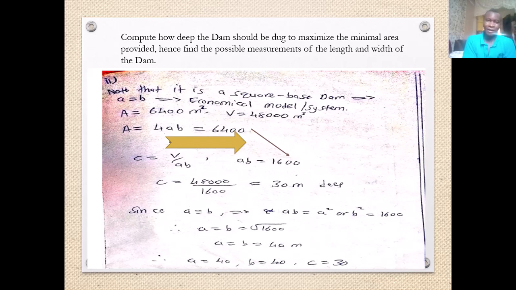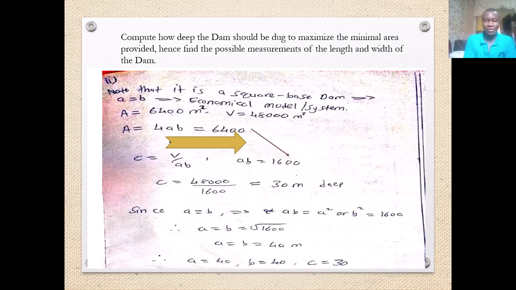They said that the area is minimal, but they want to maximize it. Remember, a equals b. They are fixed, because once somebody has given you a land, you have purchased the land and he has given you the title deed, we don't have any other option to extend the length or the width.